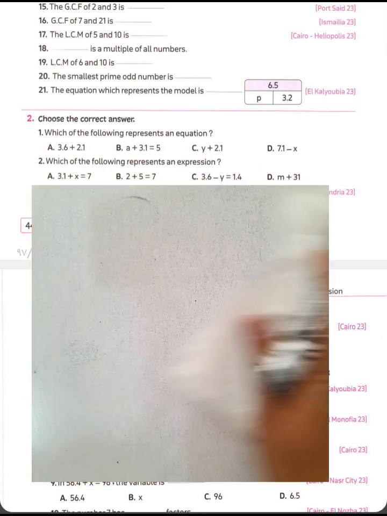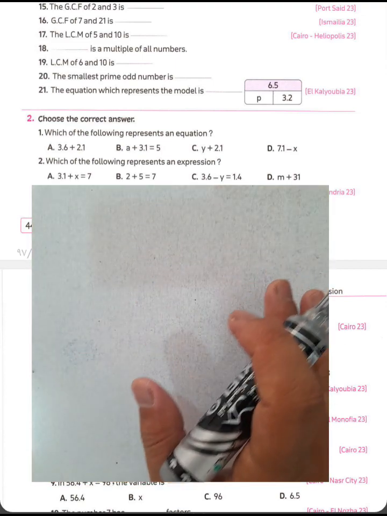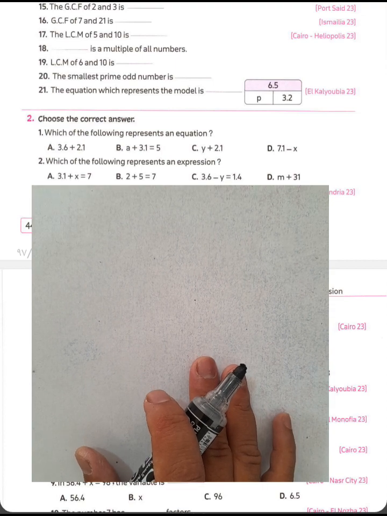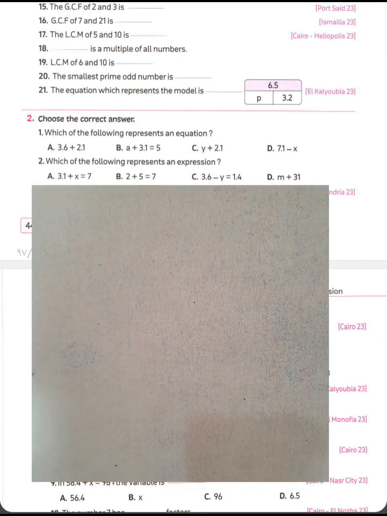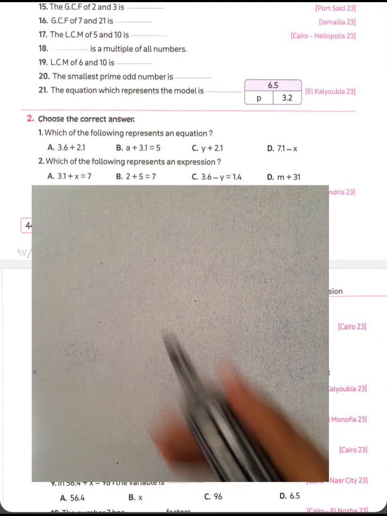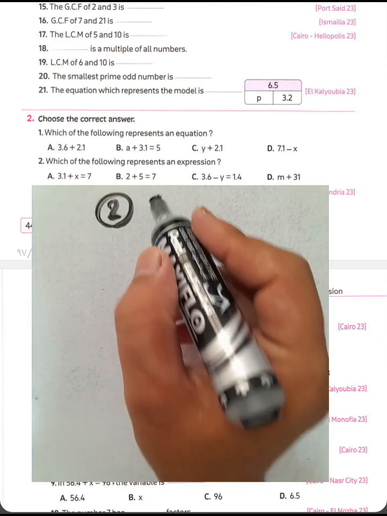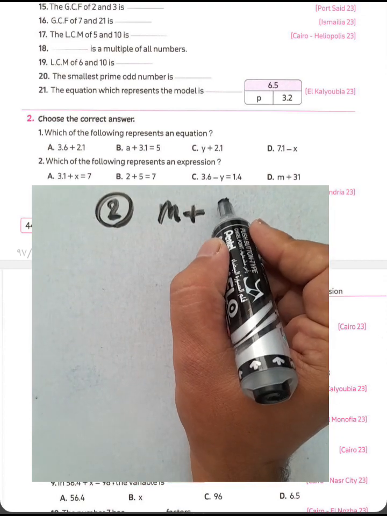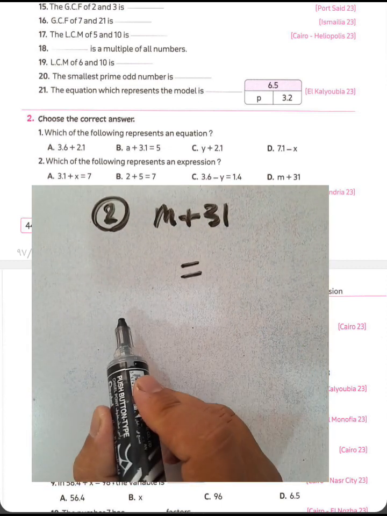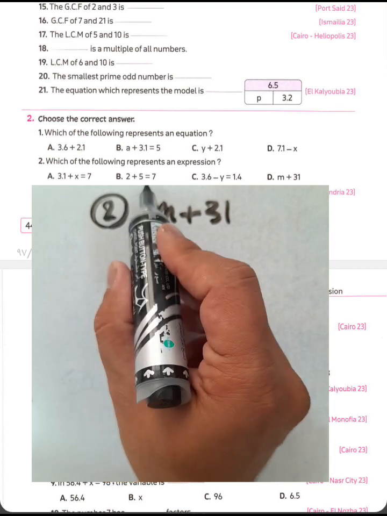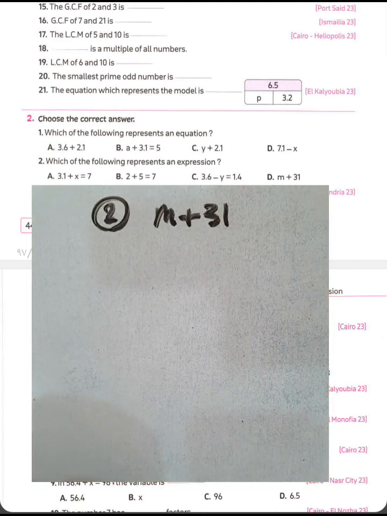Question number 2, which of the following represents an expression? The expression here has no equal sign, so you must choose letter D for question number 2. We asked about the expression here, and it will be m plus 31, because we don't have any equal sign. But in letters A, B and C we have an equal sign between two expressions.